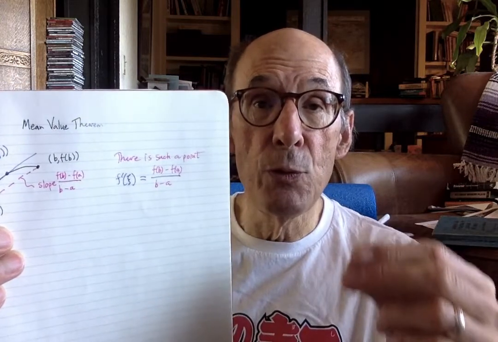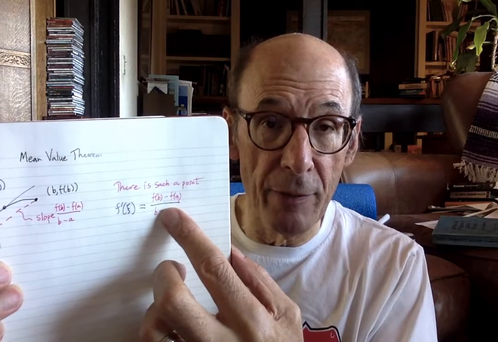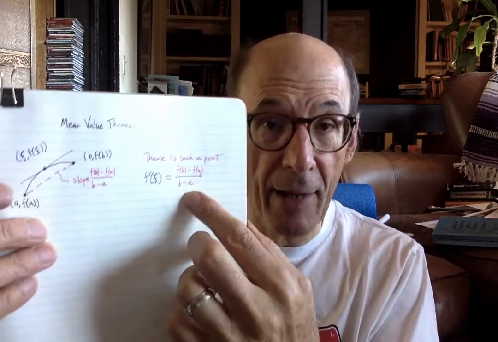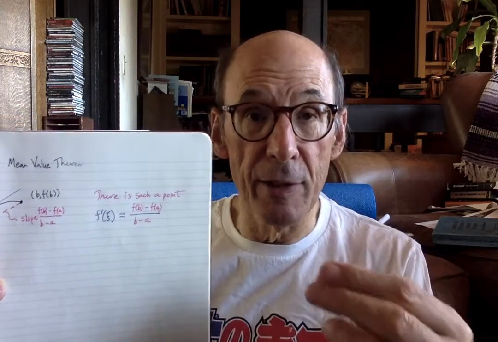So if you know that derivative is positive, then you know that f of b minus f of a and b minus a have the same sign. Now, that means that f is an increasing function in that interval. So I'm going to write this in kind of a shorthand. It's written down very explicitly in other cases. If f prime is positive, that means that f is increasing.